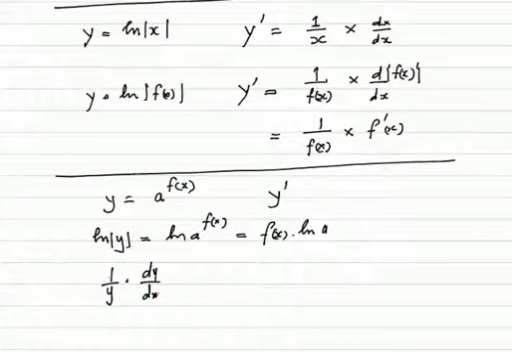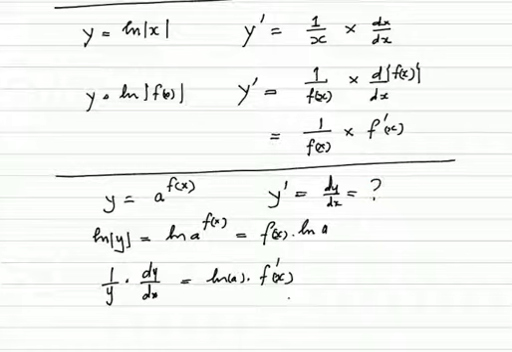So dy dx now is 1 over the argument multiplied by the derivative of the argument, which in this case is going to be ln of a multiplied by f prime of x. Now check that here we're actually searching for dy dx, so that we've got an equation at this stage which has got that dy dx.